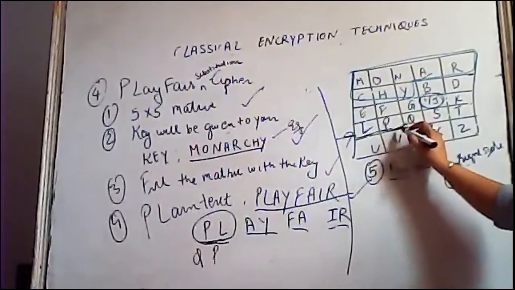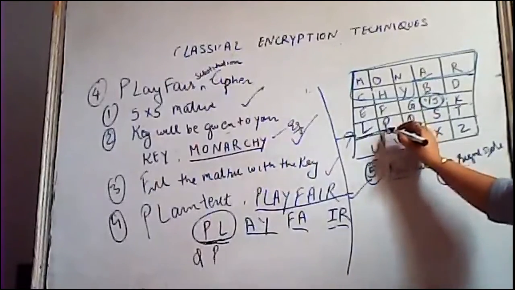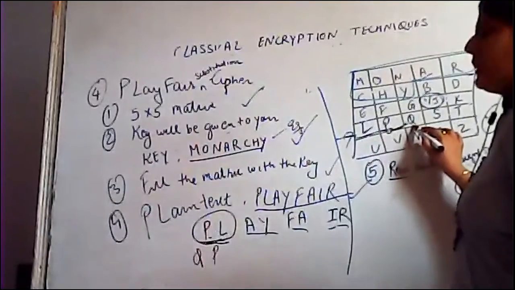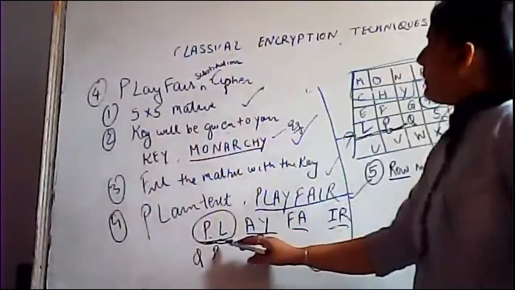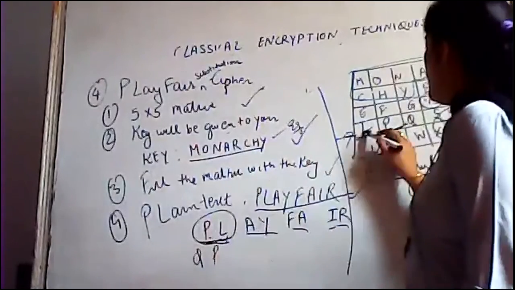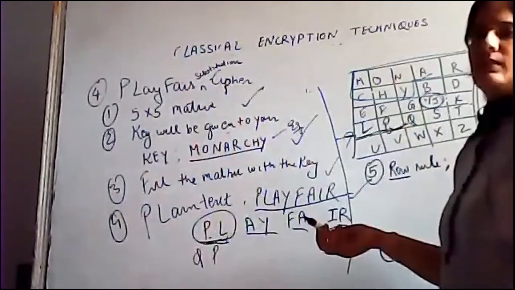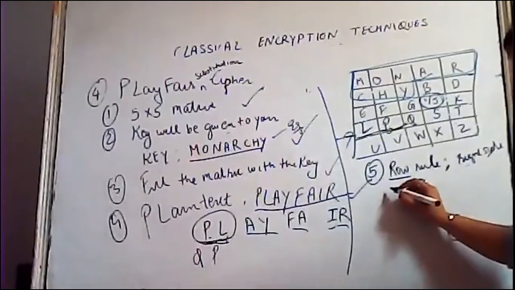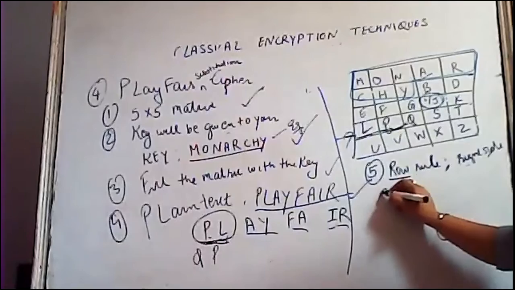So, what is to the right of this P? My first alphabet is P. What is to the right of this particular alphabet? That is Q. My next alphabet is L. What is to the right of it?